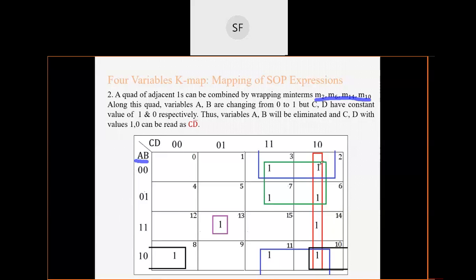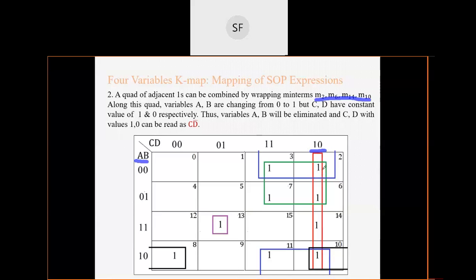A की वैल्यू भी चेंज हो रही है 0011 और B की भी 0110. So variables A and B are changing, but the value of CD is constant for all these 4 cells. So that's why again it is a quad.